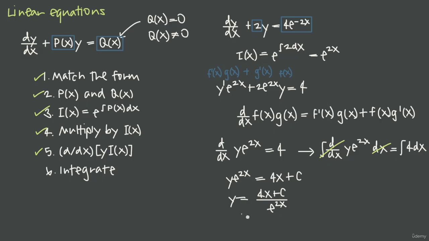And this is the general solution to our first order linear differential equation, meaning that this is the value of y that makes this differential equation true, that solves this equation.